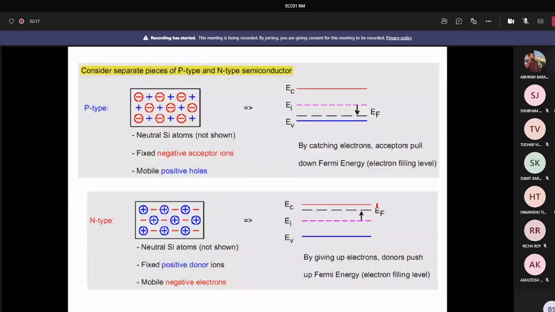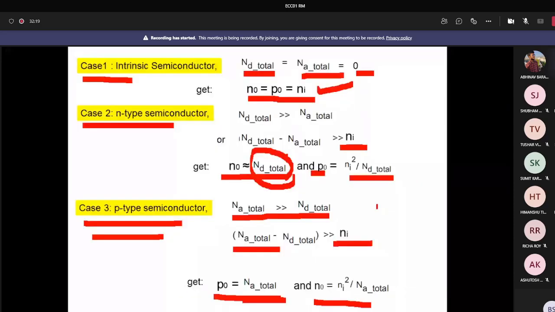So, if I ask, suppose I have P type semiconductors, N type semiconductors, and intrinsic semiconductors, can you tell me, in an intrinsic semiconductor, what type of charges are there? Electrons and holes, both plus and minus, mobile charge carriers.